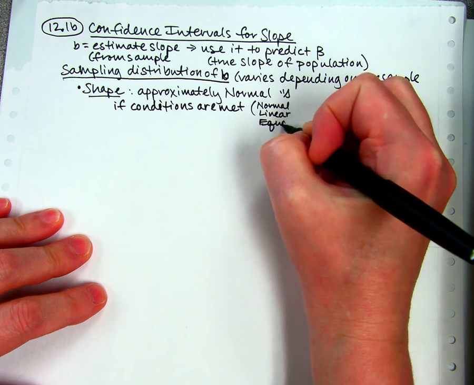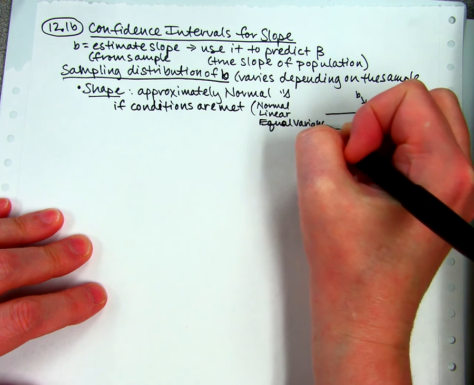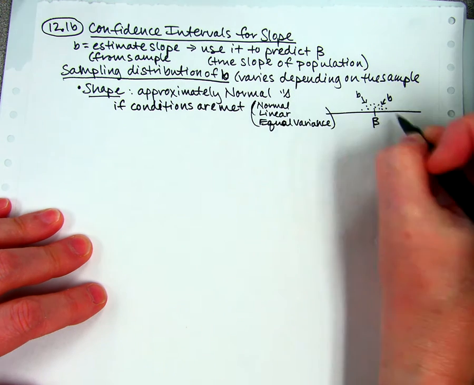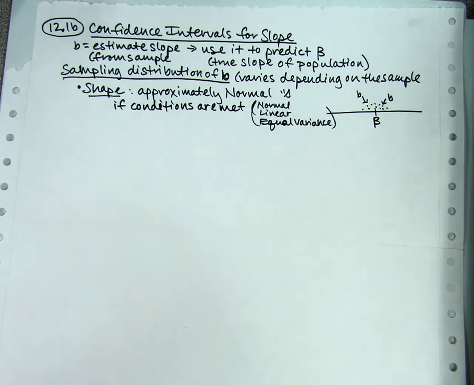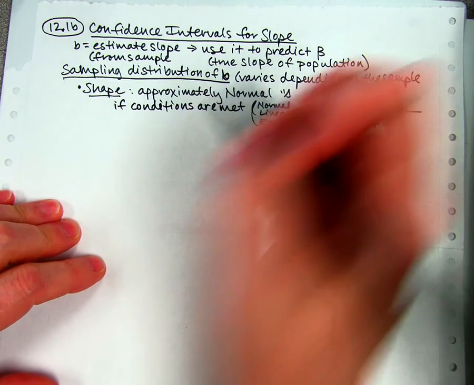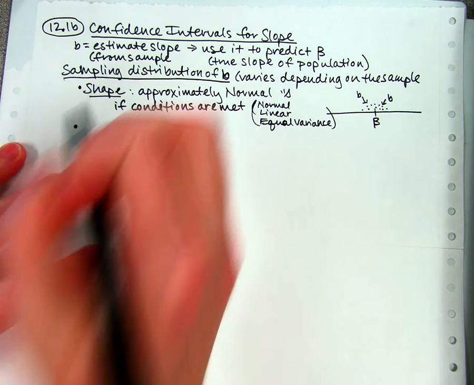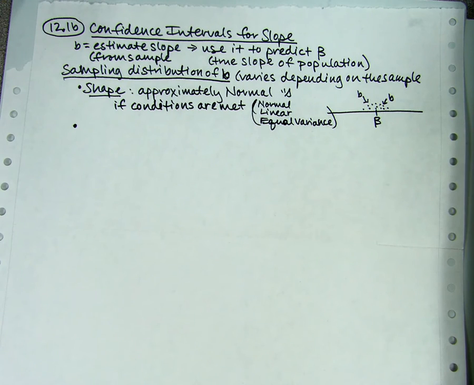These are the ones you have to look at the graph for, and if all of those are true, then the shape of the sampling distribution of the b's is approximately normal. So these are the ones that we look at a graph to check, and that's all about the shape. Good news is it's pretty simple. If those are met, it's approximately normal. We don't have to worry about it other than that.